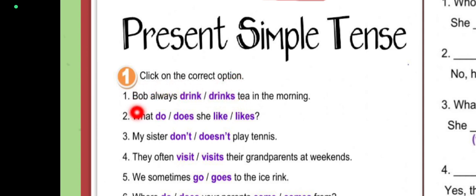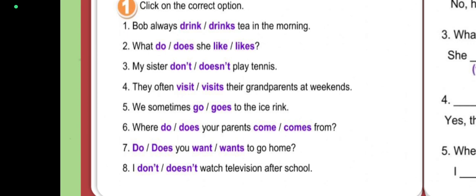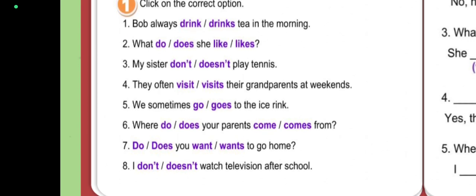For example, Bob always drinks tea in the morning. And if it is I, you, we, or they, you have to use this way, drink. Or if it is a question or negative sentence, use do or does, depending on the noun. So I will choose one of you. I will choose Angelica Hernandez. Can you do from number 2 to number 5, please?